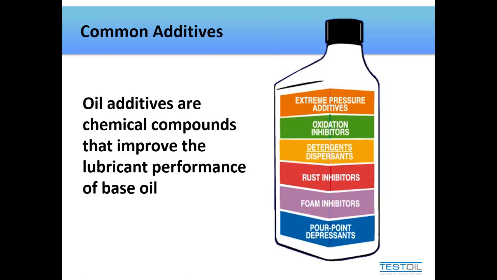You don't find detergents in oils where they have systems that are pretty clean. Rust inhibitors, anything that's subject to the outside environment or any kind of acids or process contaminants that may deteriorate the oil, you will find a lot of that in those type of oils.